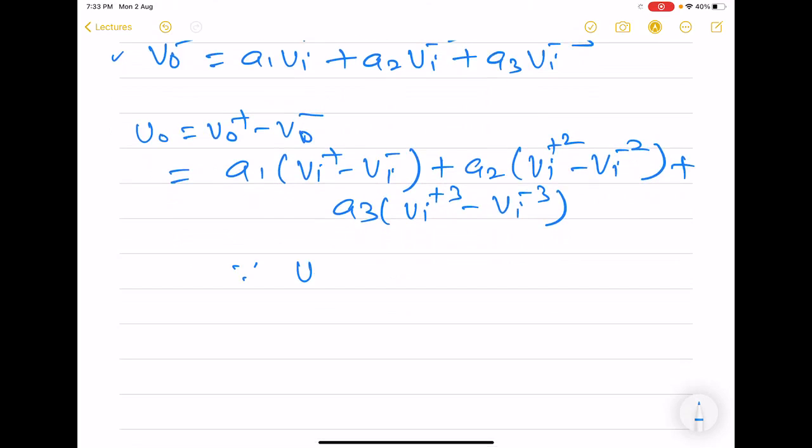So we can substitute Vi minus in terms of Vi plus to see what the output will be.